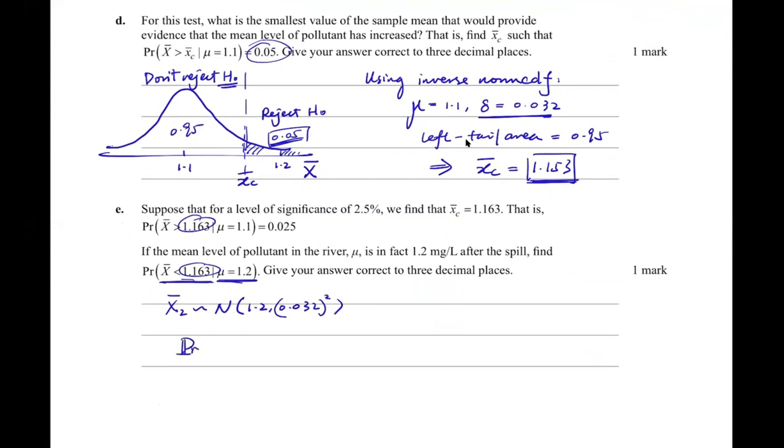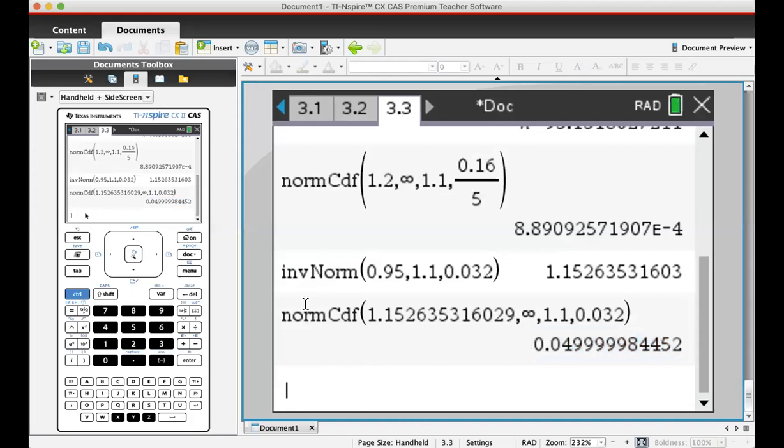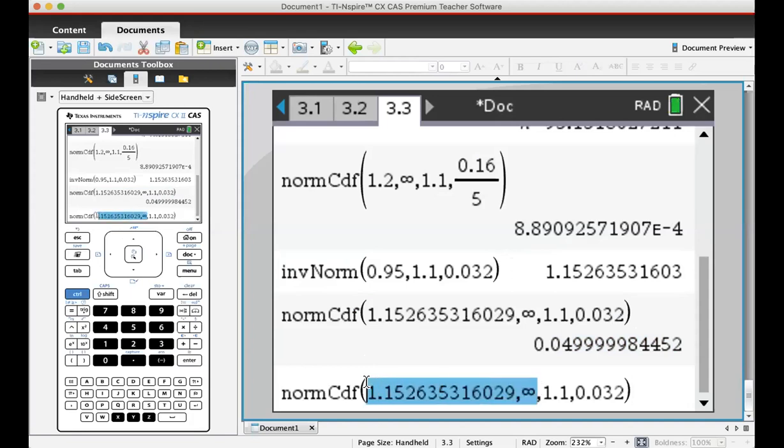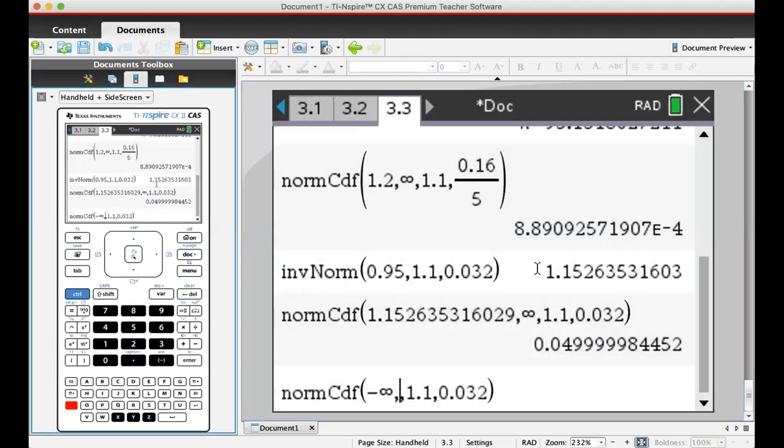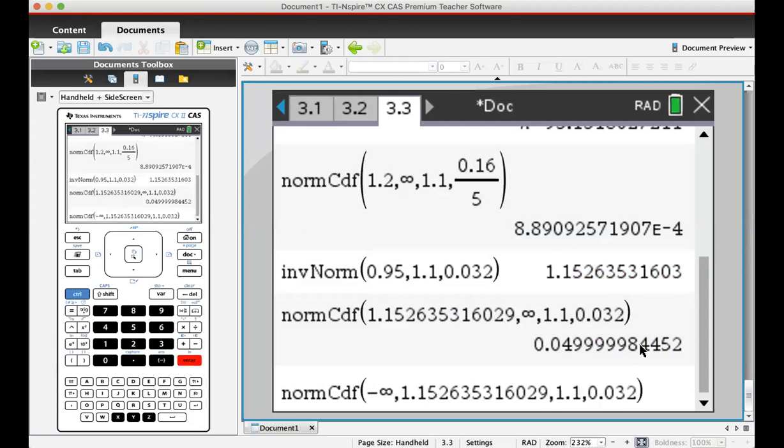So the probability of x2 bar smaller than 1.163, given mu equals 1.2, should be given by the following calculation. I will show you. We can borrow that normal CDF, but smaller than, right? Negative infinity, comma, this number here.